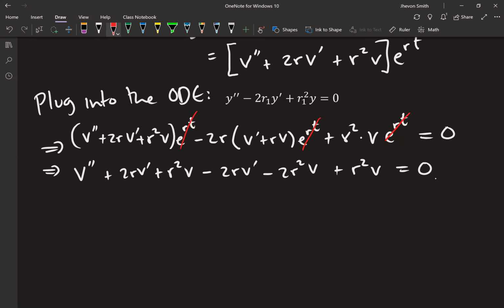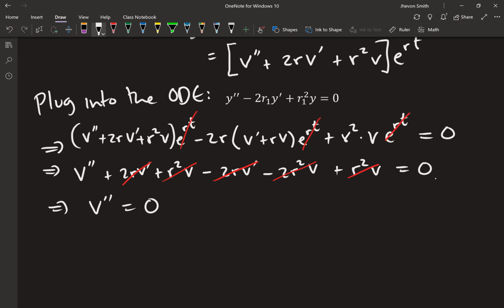Now what's going to happen? I have 2rv prime minus 2rv prime. I have minus 2r squared v, but then I have a plus r squared v and a plus r squared v. So all of those guys actually die. This reduces to v double prime equals 0.